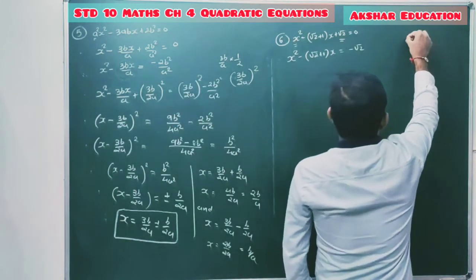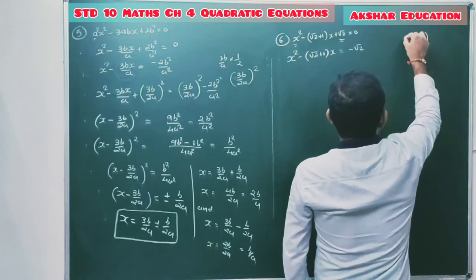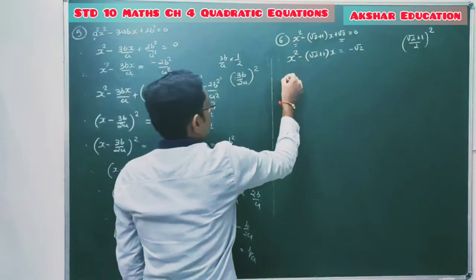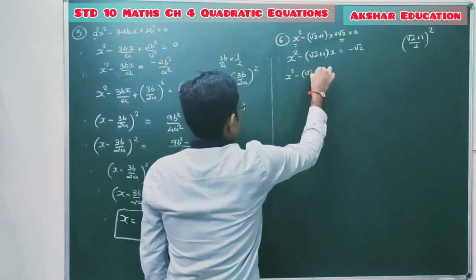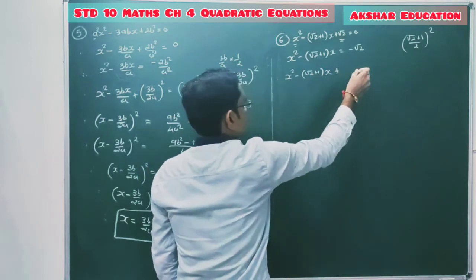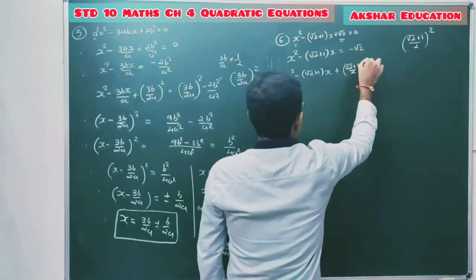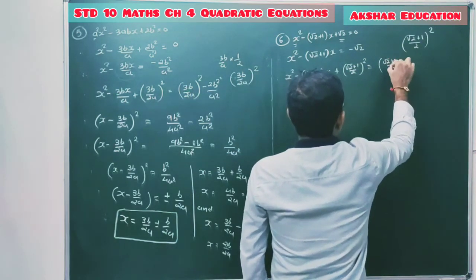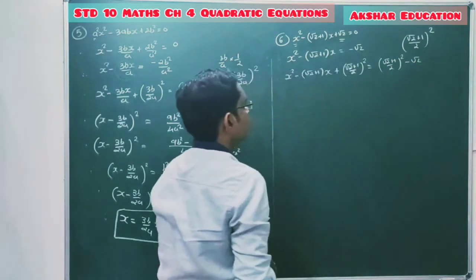We have to neglect the sign. So it's root 2 plus 1 divided by 2, and take its square. We have to add this term on both sides. So it will be x square minus (root 2 plus 1) x plus (root 2 plus 1 by 2) whole square equal to (root 2 plus 1 by 2) whole square minus root 2.